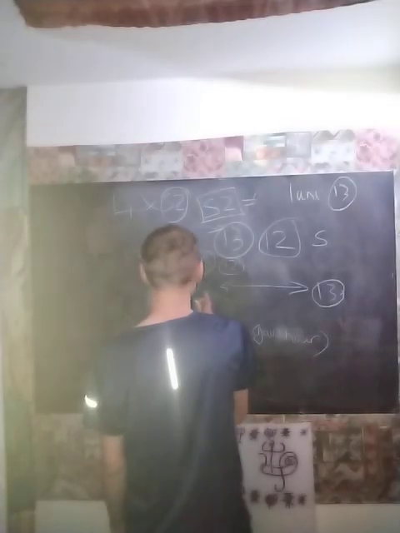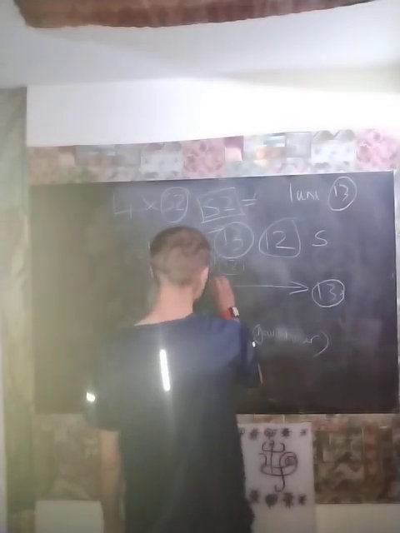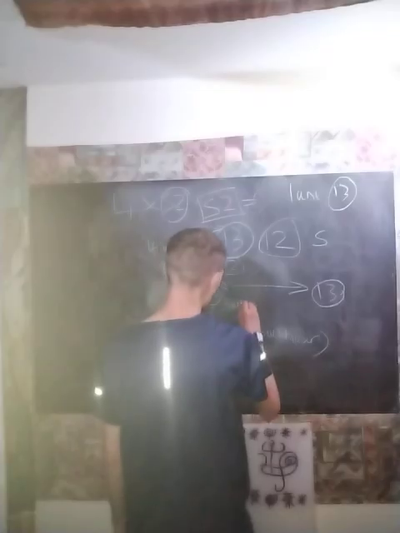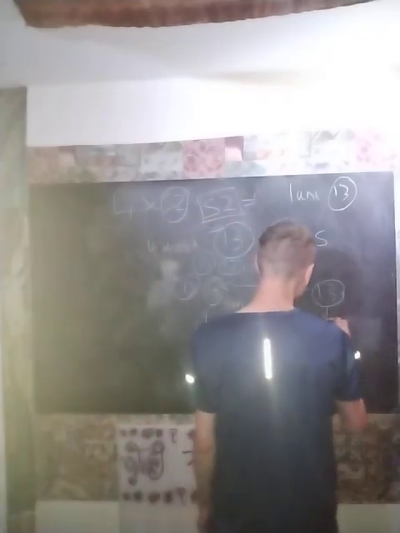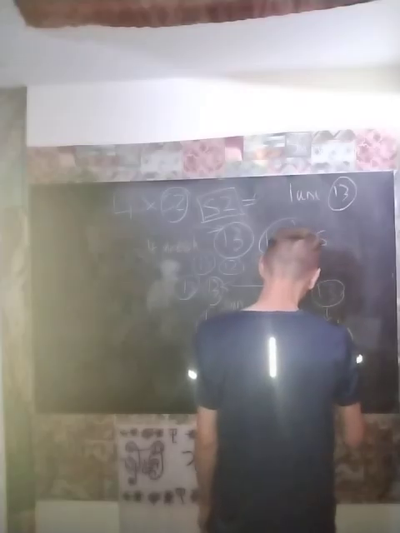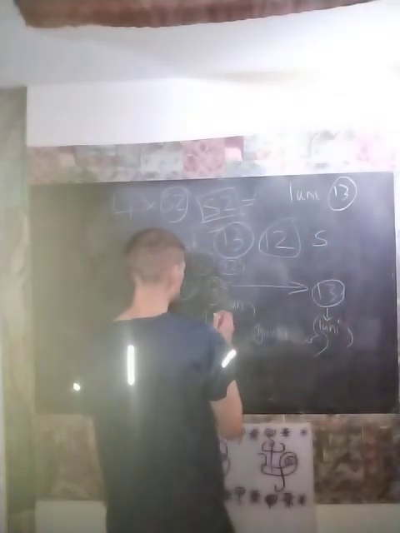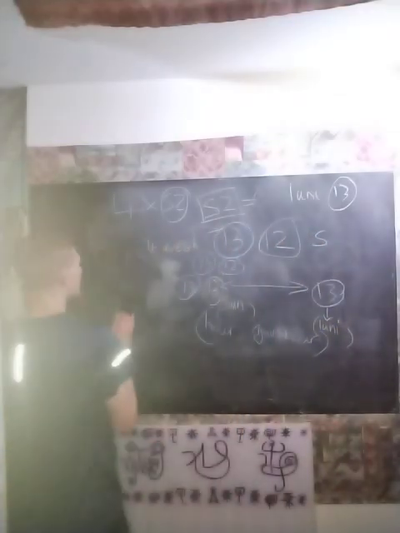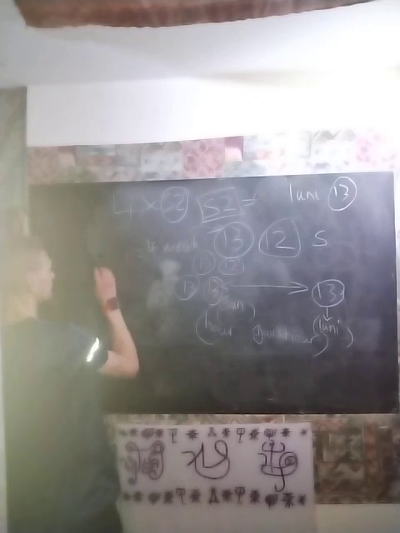So therefore, there are 13 months of sun cycles, and there are 13 months of lunar cycles. So lunar and sun cycles, that means there are 13 4-weekly periods in a year. Yes?